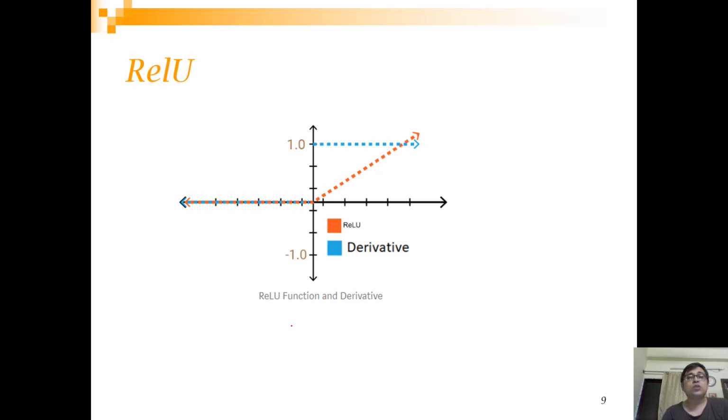So there you get a function called ReLU. This is your actual function, which is linear when x is positive and 0 when x is negative. The derivative exists in this quadrant, and the derivative doesn't exist over here. So what is the advantage of this?